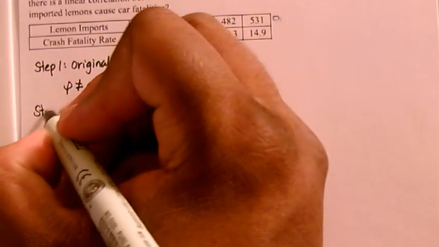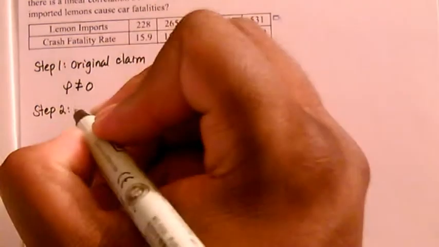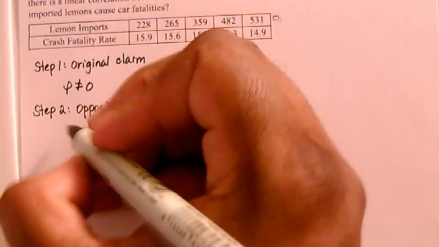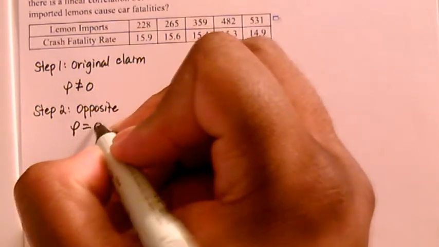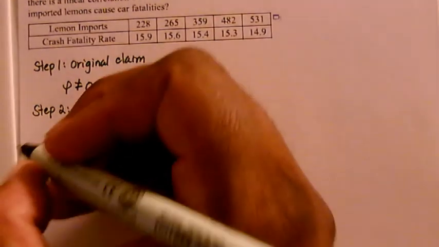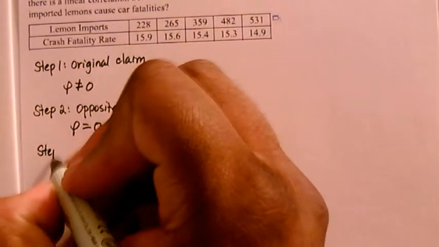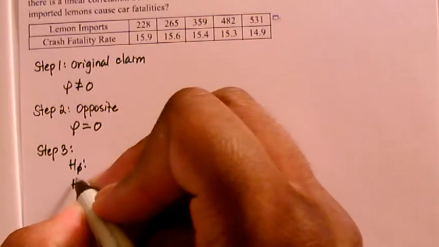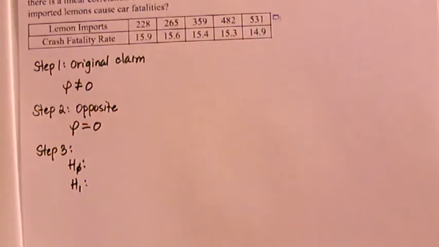Then step number 2 is the opposite of the original claim. Well, the opposite of not equal to is just plain equal to. So that means that rho is equal to 0, meaning that there is no linear correlation. Whereas rho is not equal to 0 means that there is a linear correlation. Then step number 3 is writing the null and alternative hypothesis.